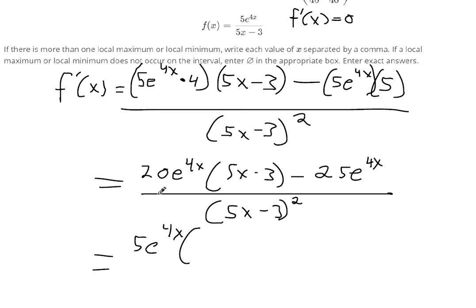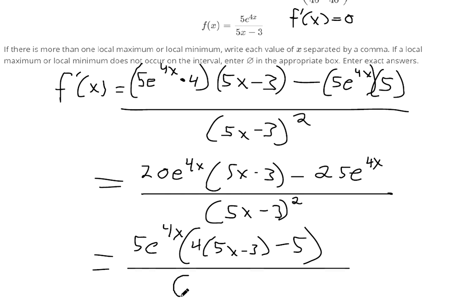What we have left over in the first term, when you factor out a 5, 20 divided by 5 makes 4, and you factor out the e to the 4x, so you're left with 5x minus 3. Then here you factor out a 5, so 25 divided by 5 makes 5, and e to the 4x divided by e to the 4x leaves just 5 here. And then the denominator is still 5x minus 3 squared.